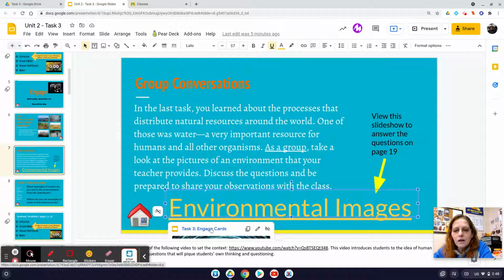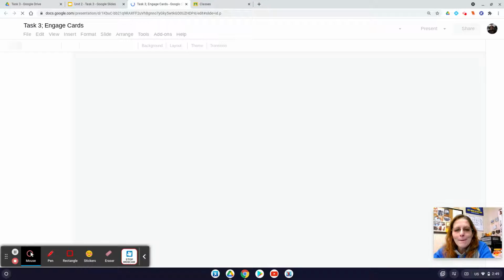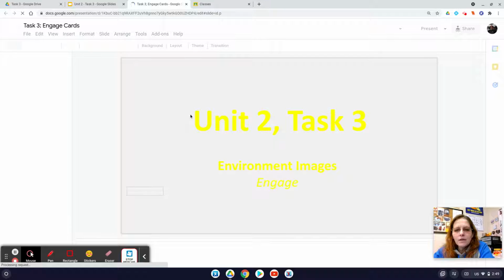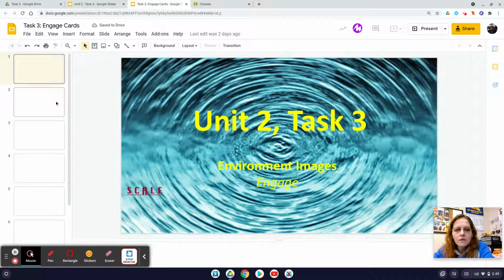So you're going to click on this image, and that's going to take you to a slideshow. In this slideshow, these are some environmental images, and they'll look better if they're on the screen, so you can get a really good look at them.